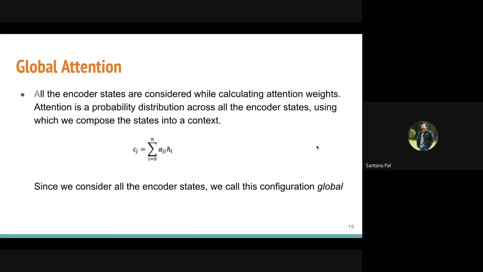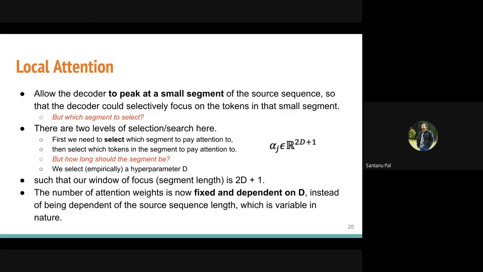Global attention is the same as before. Now local attention. As I said, it allows the decoder to pick a small segment of the source sequence, so that the decoder can selectively focus on the tokens in that small segment.